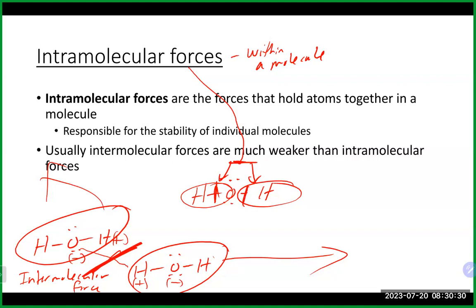So we know from that simple example that intermolecular forces are always much weaker than intramolecular forces, because we usually don't get alphabet soup when we heat things up. Any questions on that?